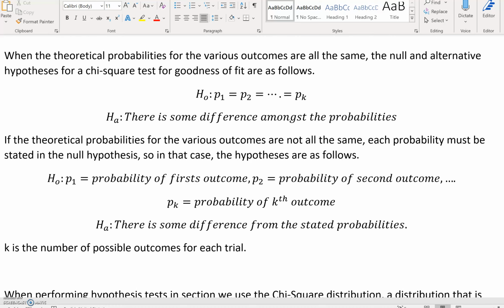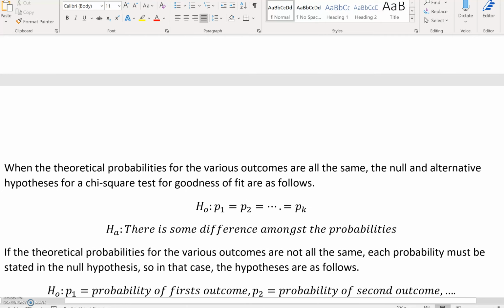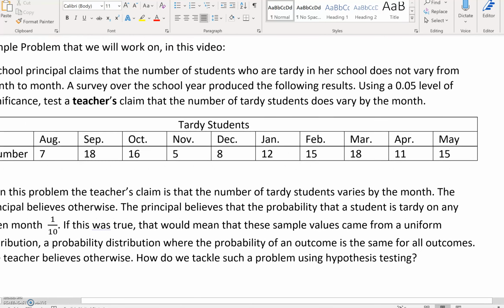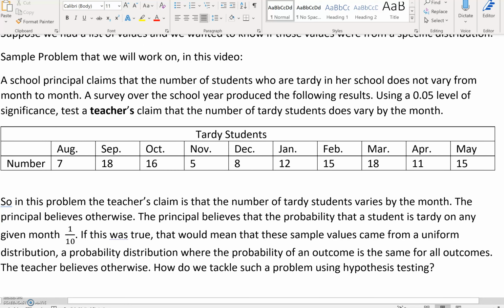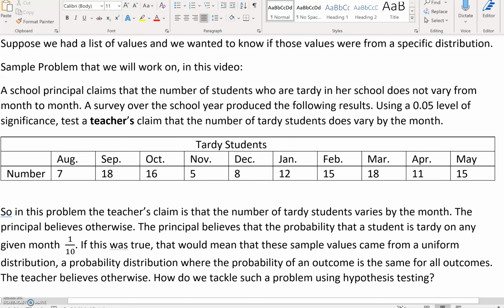So our sample problem lands in this first scenario here. The alternative hypothesis is that there is some difference amongst the probabilities. Before I read the rest here, going back to our sample problem, the principal claims that the number of students that are tardy in her school does not vary from month to month.